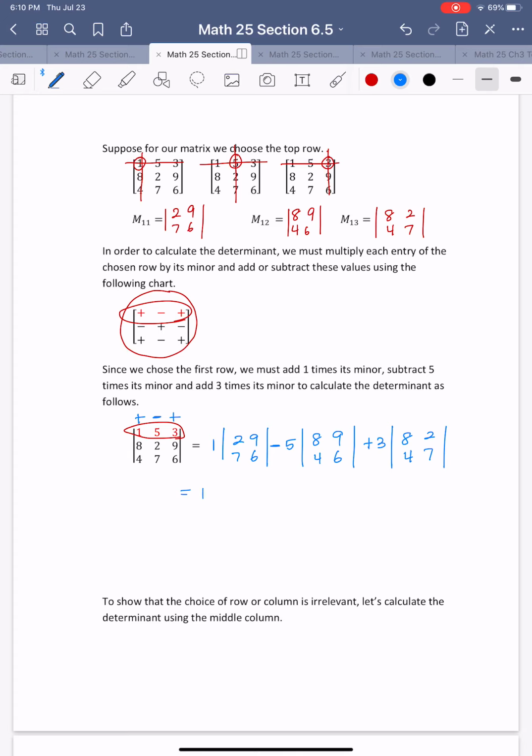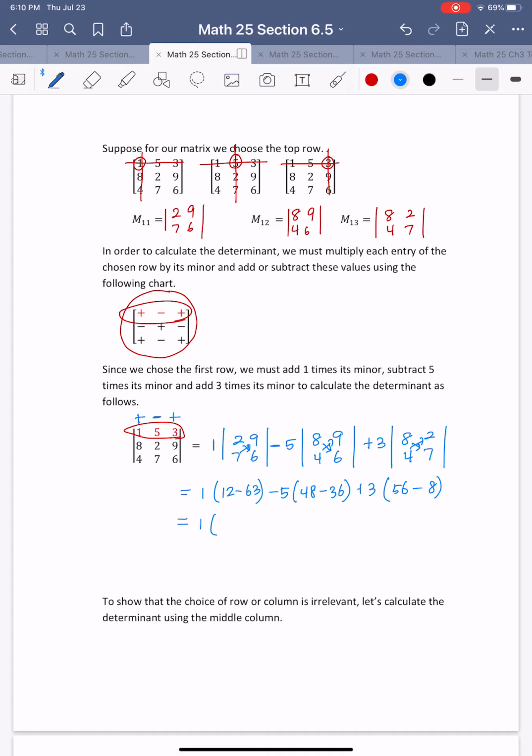So 1 times, you cross multiply: 12 minus, multiply this, 63, minus 5 times, multiply that, 48 minus 36, plus 3 times 56 minus 4 times 2 is 8.